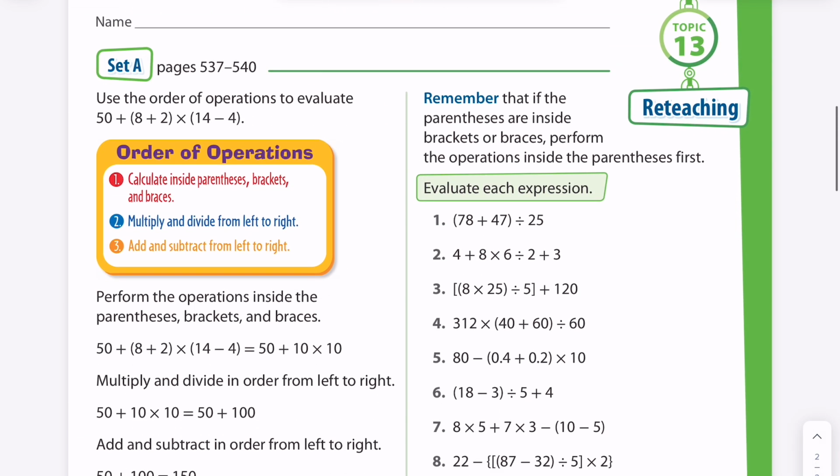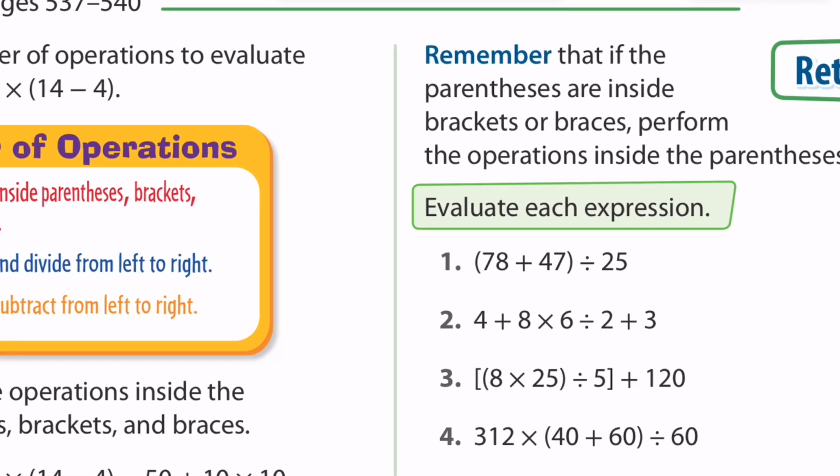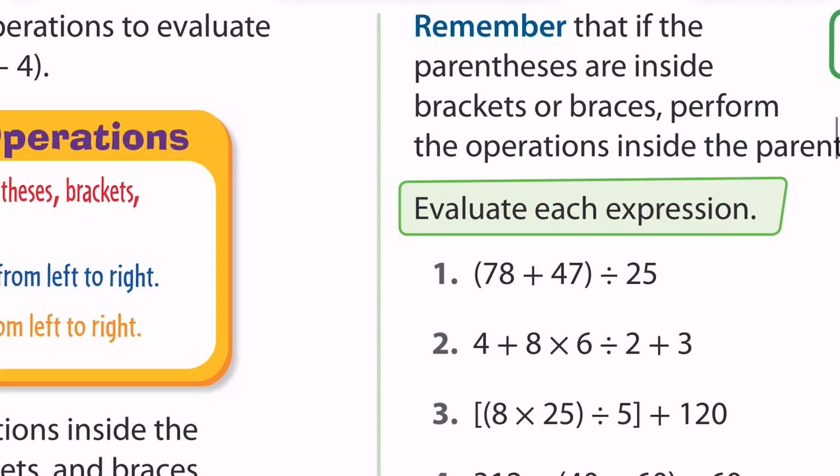All right, so set A is just a review on evaluating expressions using PEMDAS, order of operations. Remember, if you are struggling with it, you're not going to have your notebook on your test, but you can always write notes so that you remember.